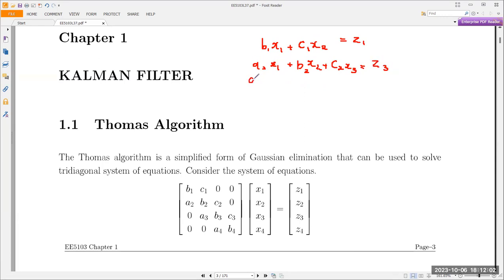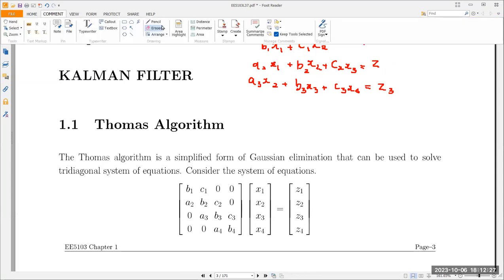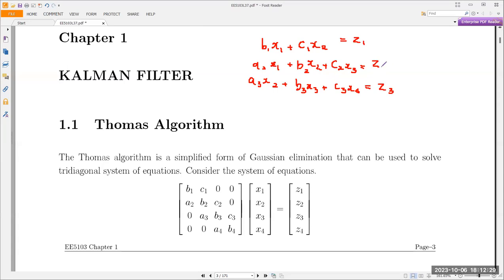Then I have A3 x2 plus B3 x3 plus C3 x4 equals Z3.